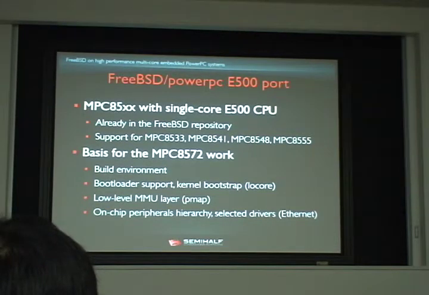And now let's see how the FreeBSD PowerPC port state looked when we started this. We didn't start from scratch. We had basic support for a single-core E500 CPU already in the tree. This is a project that I was also involved with, and this previous work was really done from scratch. But when bringing up this dual core, we had a solid basis that we could continue to work from for the dual core SMP work.